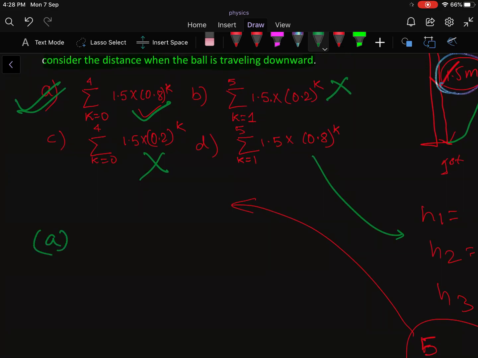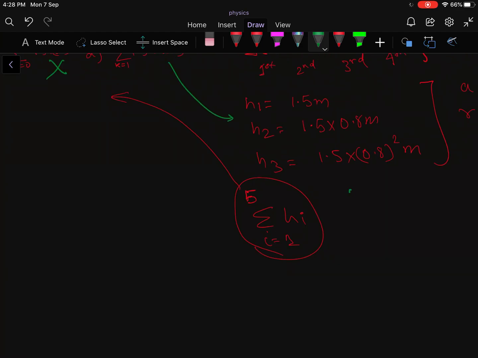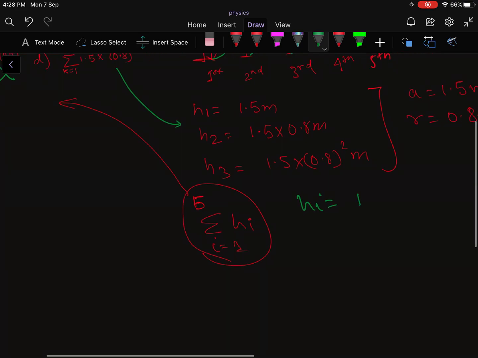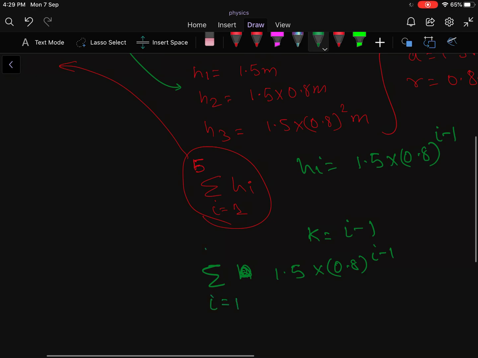You can even write this in that form. Here hi is actually 1.5 into 0.8 to the power i minus 1. So you can say that k equals i minus 1. So here hi becomes 1.5 into 0.8 to the power i minus 1, and the limits are i from 1 to 5.